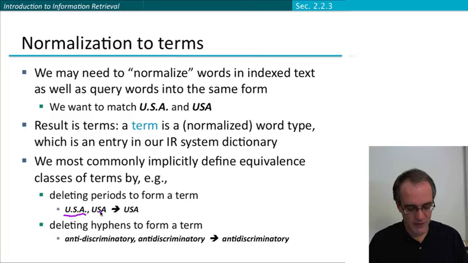So if we have a normalization rule that deletes periods that are adjacent to alphabetical letters, well then instances of U.S.A. in a document will be mapped onto just USA, and so these two things will fall together. So we've created an equivalence class of two surface forms by means of writing a rule.